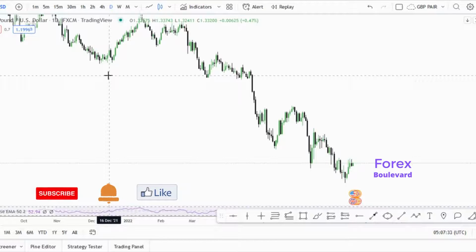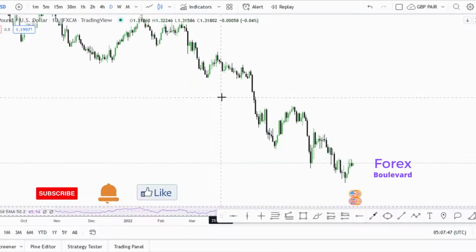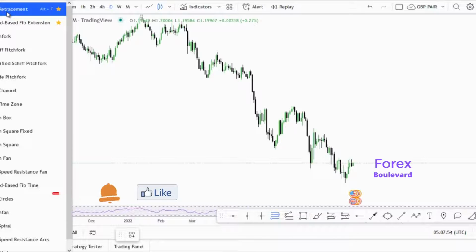When price goes up, it takes a breathing, and then moves up and moves higher. It retraces and then goes back in the same trend direction. This is the tool called Fibonacci retracement, and then we have the second one, Fibonacci extension.